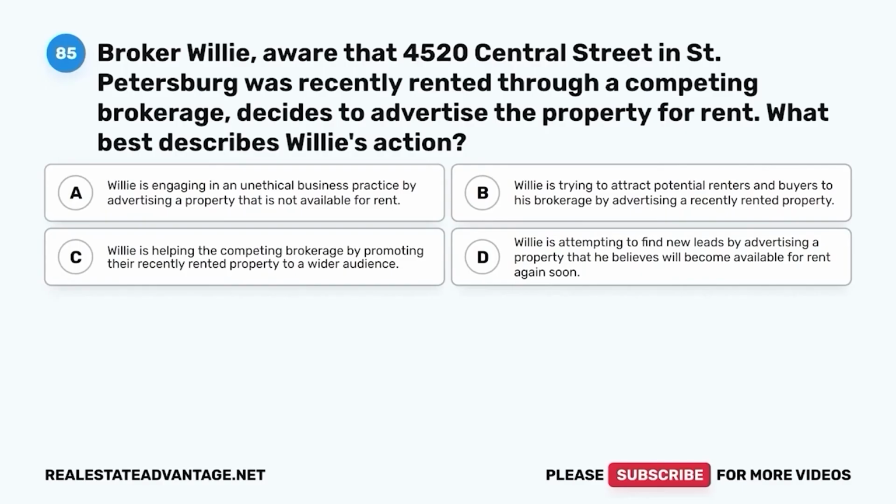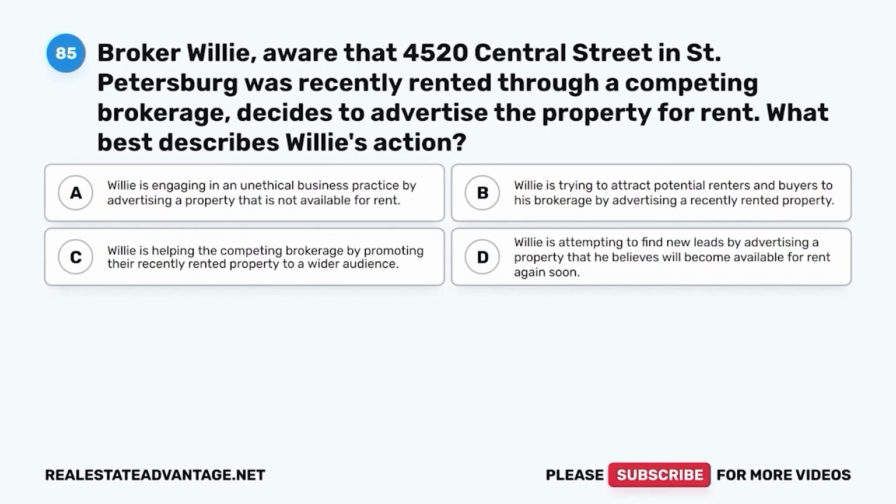B. Willie is trying to attract potential renters and buyers to his brokerage by advertising a recently rented property. C. Willie is helping the competing brokerage by promoting their recently rented property to a wider audience. D. Willie is attempting to find new leads by advertising a property that he believes will become available for rent again soon.